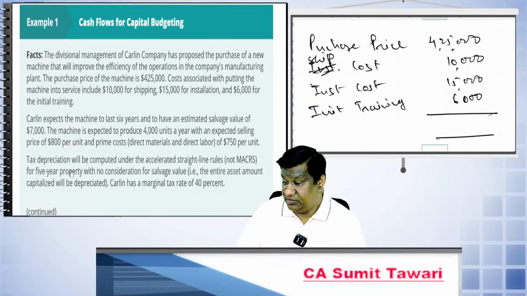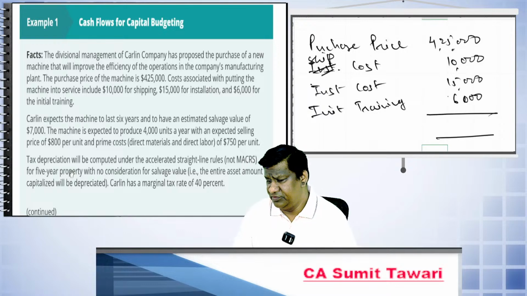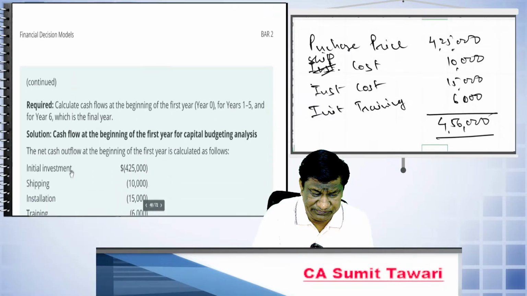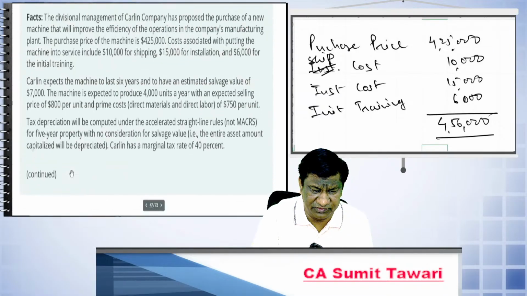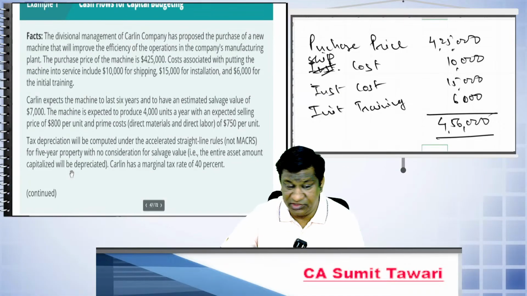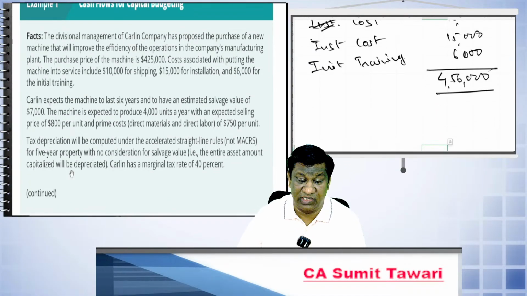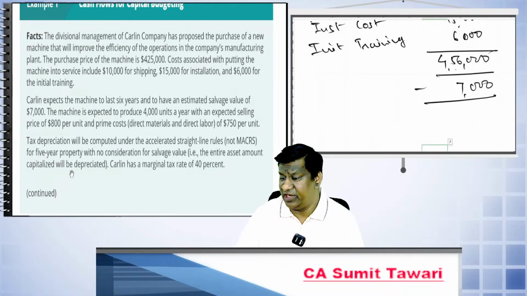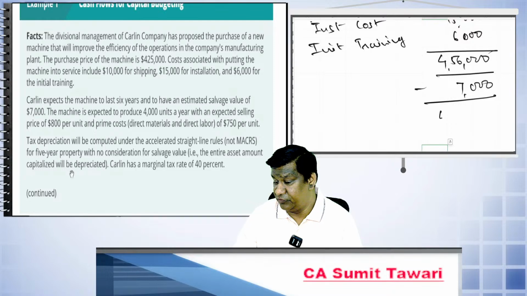So the total outflow is 4,56,000. Then Carlin expects the machine to last 6 years and have an estimated salvage value of 7,000. So depreciation per year would be 4,56,000 minus 7,000, which is 4,49,000.